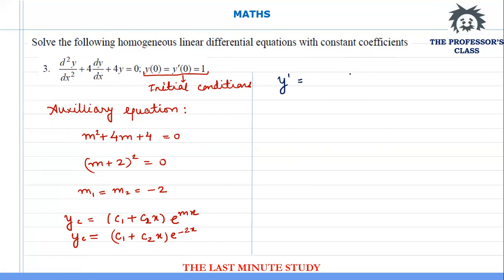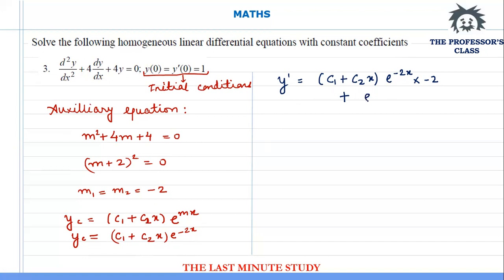Now to find out the first differential of this equation, let's use the chain rule. First of all, I'll be keeping this whole part constant. So I'll get c1 plus c2x multiplied by the exponential function. The differential of the exponential function is the function itself, but I'll be using minus 2 extra over here. So I'll get minus 2 plus, now in the second part, I'll be keeping this e raised to the power minus 2x common.